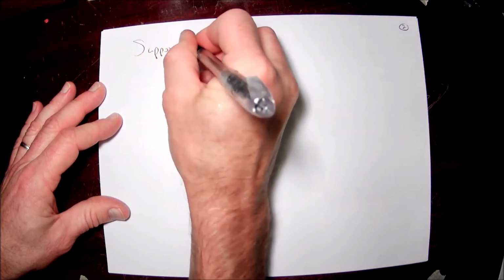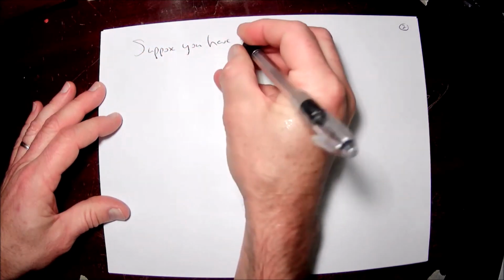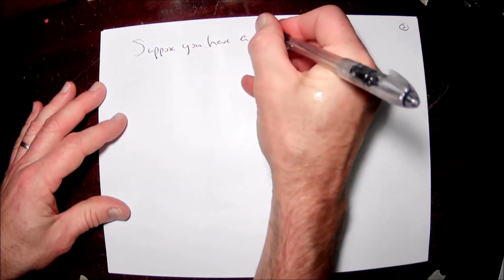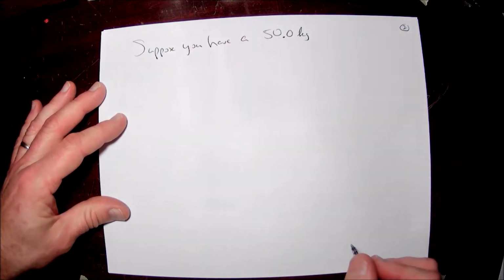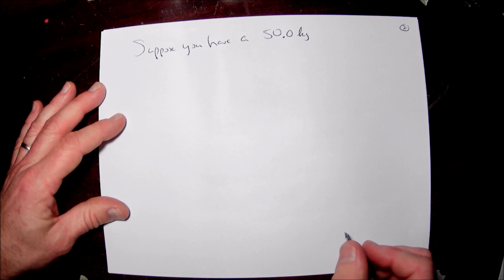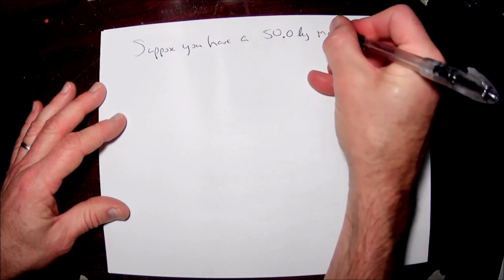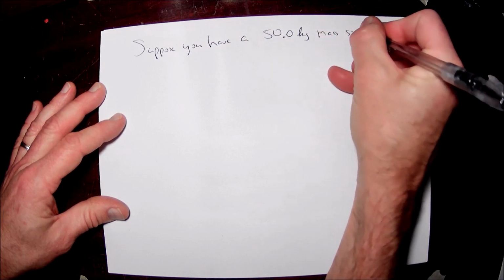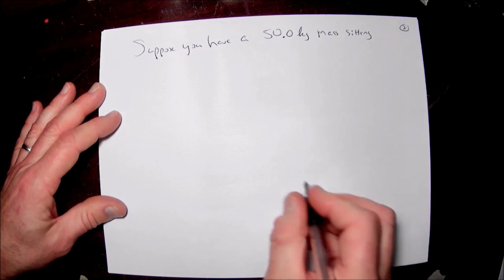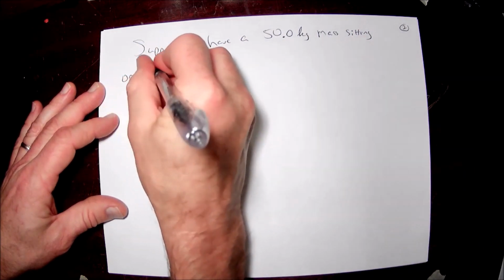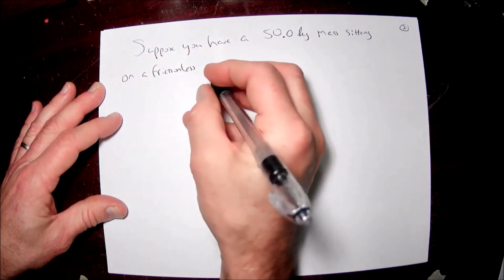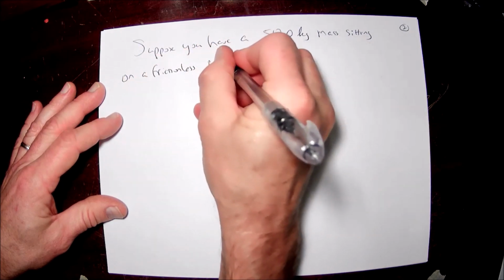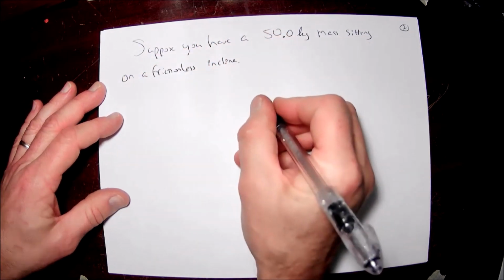Suppose you have a 50. kilogram mass, with a little decimal there to make it look like more sig figs, sitting on a frictionless incline.